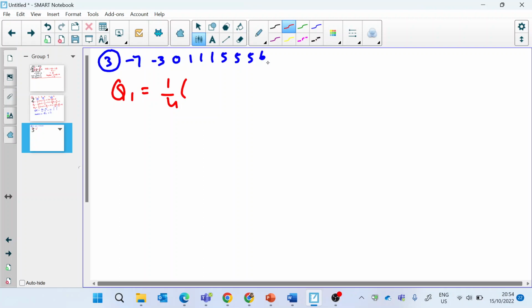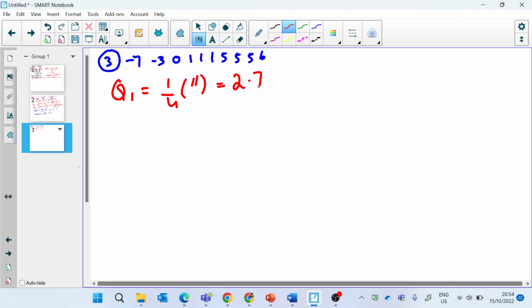We have 10 numbers, so n plus 1 is 11, over 4, and 11 over 4 gives us 2.75.